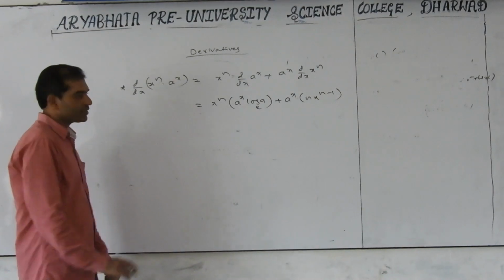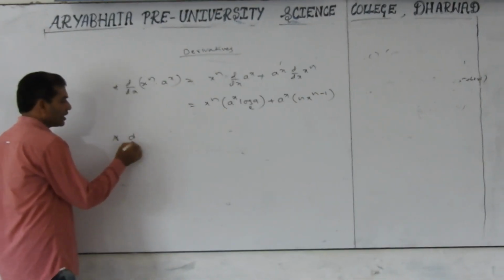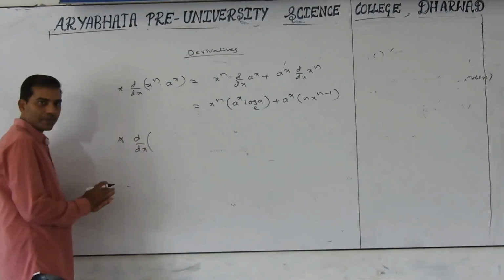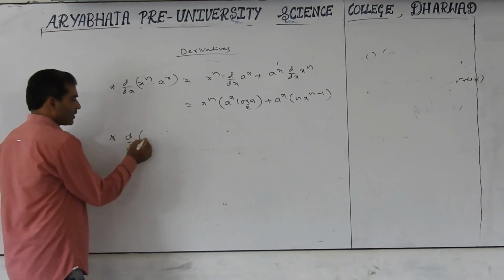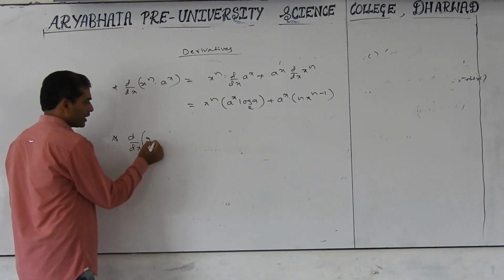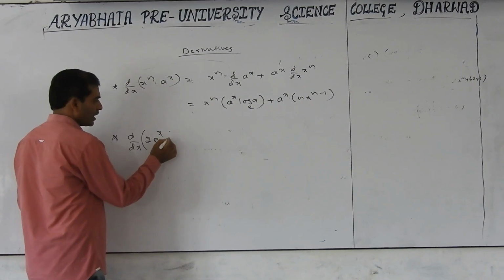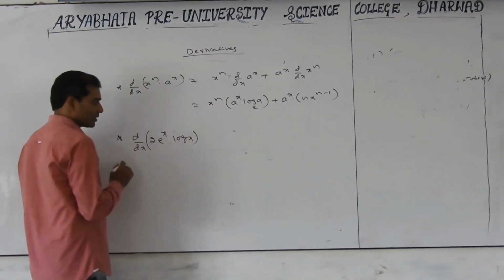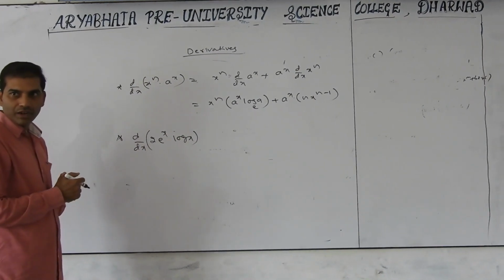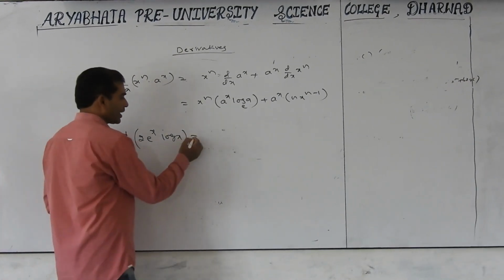Finish. This is next one, d by dx of 2 e power x into log x. 2 is constant, take it out.